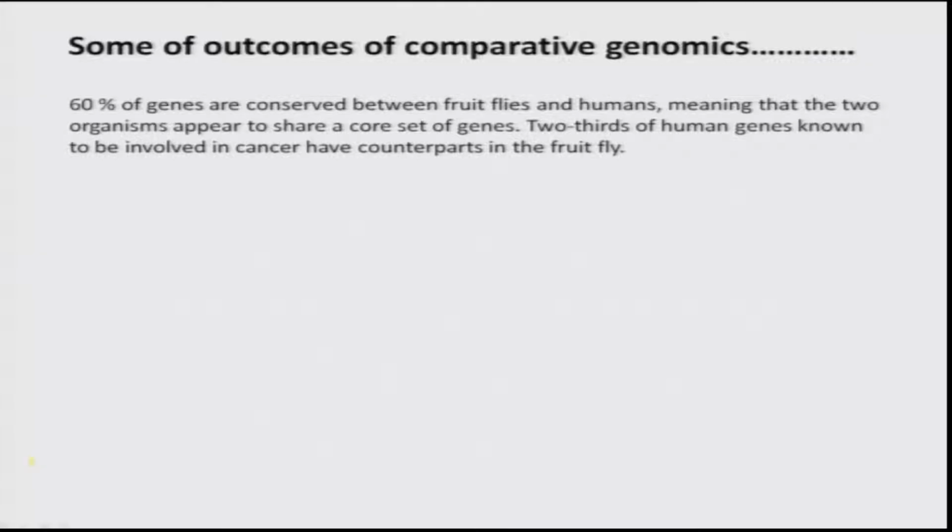Now, if that is the case, we can say that 2/3 of the human genes known to be involved in cancer have counterparts in the fruit fly. What does it mean? You can use drosophila as a model to understand how genes that are conserved between human and fly are involved in the process of tumorigenesis, right? I'm giving you some examples of how people have used it.